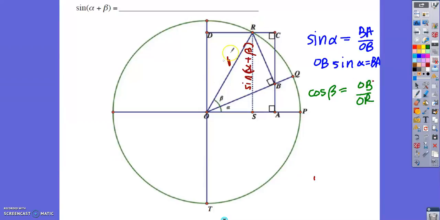Well, OR I've already marked in my picture as 1. So cosine beta is equal to OB, since OR is 1. In my picture, I can now mark this side, which I'm not going to leave green, as cosine beta.